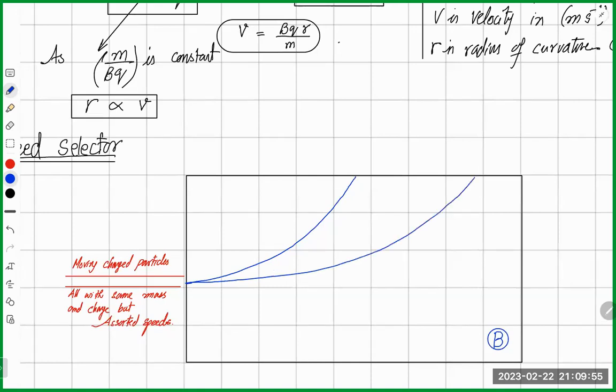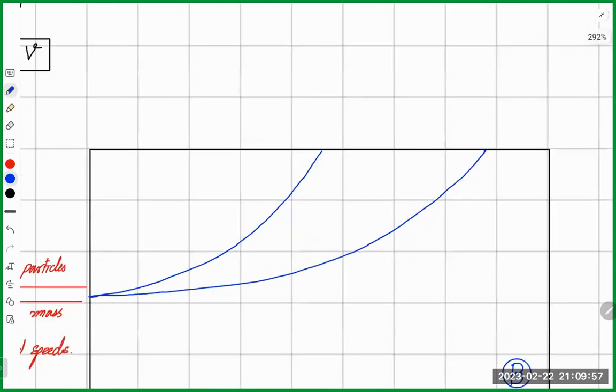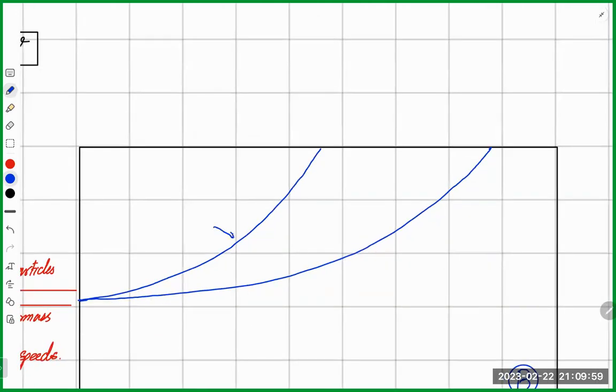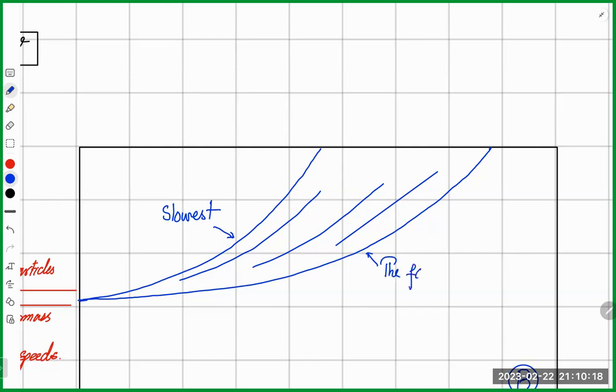Now, if this is the first line and there is the last line, and all other charged particles are in between, then remember, this one will be the slowest, and this one will be the fastest.